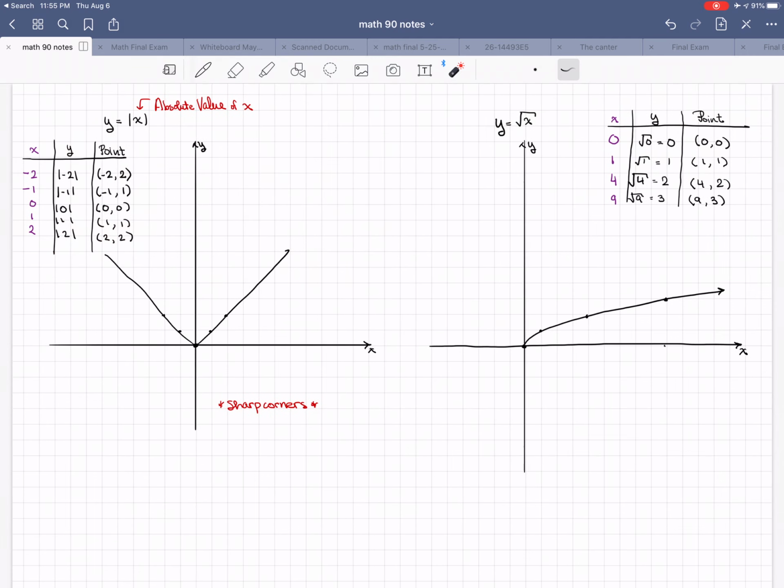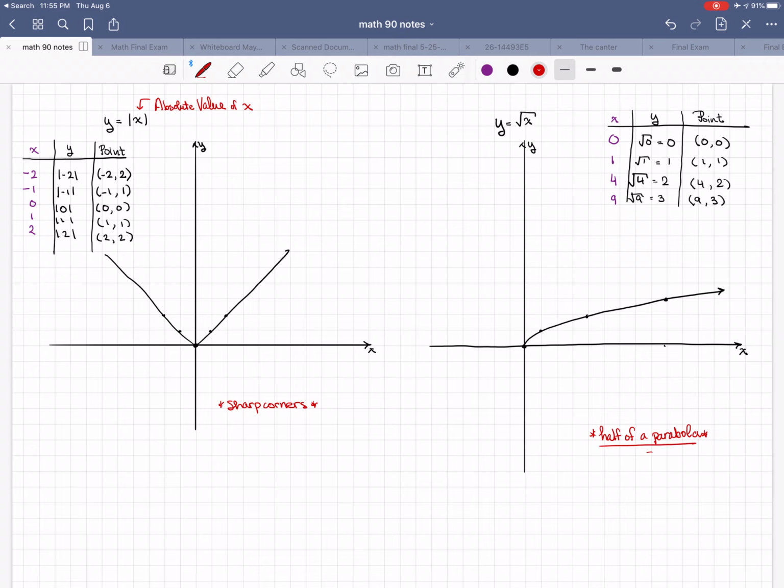In fact, what you're going to notice is that square root equations, the shape is half of a parabola on its side. So right now we don't quite have the machinery to understand why that would be, but it is not a coincidence. It doesn't just look like half of a parabola. It actually is half a parabola.